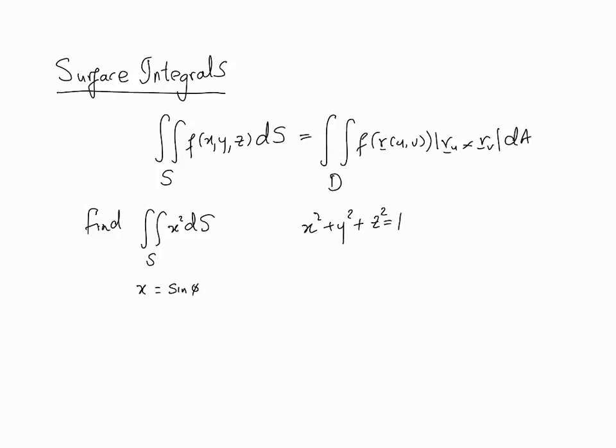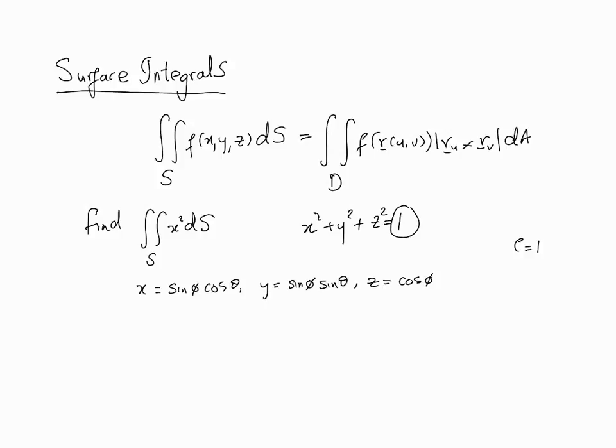So x equals sine phi cosine theta, y equals sine phi sine theta, and z equals cosine phi. Now, remember, usually we have a rho, so just for your reference, I'm using rho equals 1 because the radius of the sphere here is 1. Okay, and that's what you would do. Suppose it was 9, you would use rho equals 3 in this, for instance, and so on and so forth.